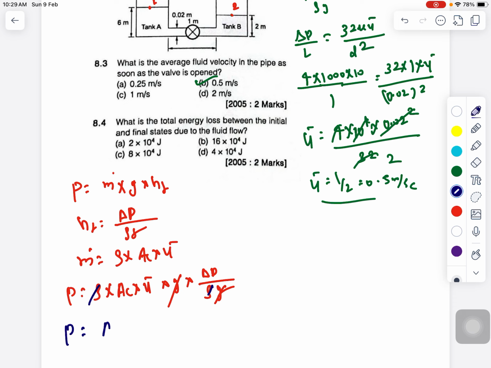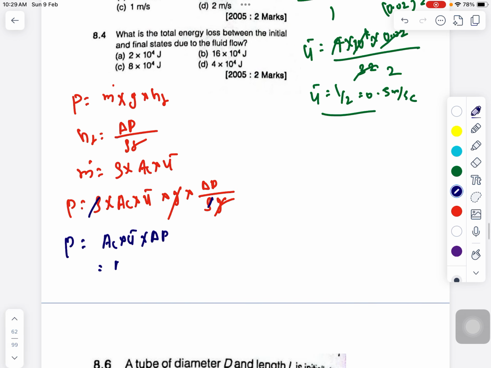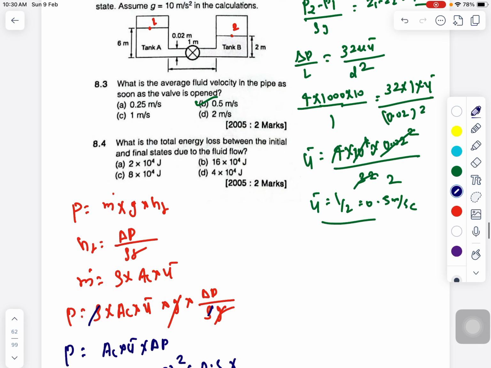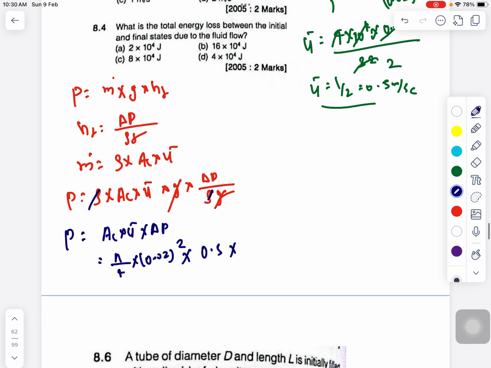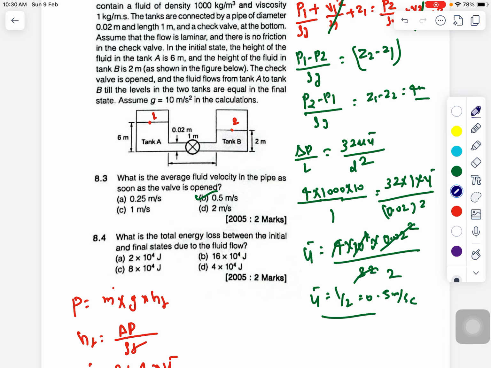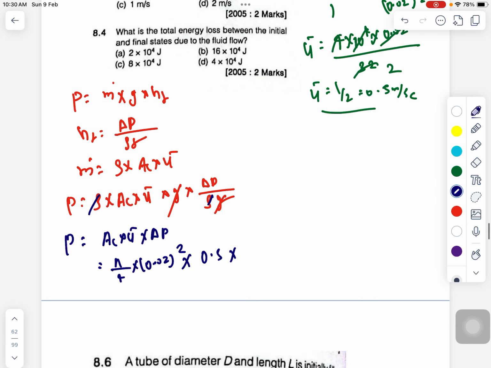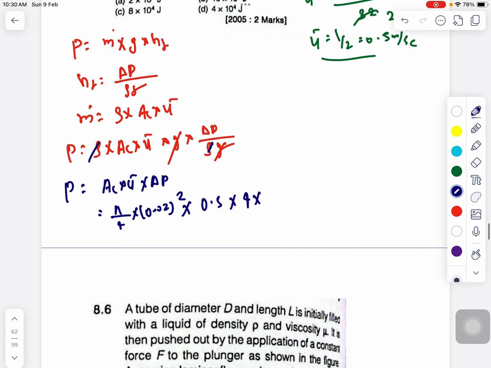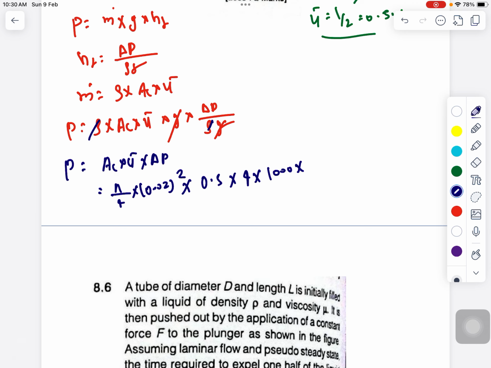So power can be written as cross sectional area into u bar into delta P. So let's try to substitute these things. Pi by 4 into 0.02 whole square, average velocity is 0.5, into delta P. Delta P pressure drop is how much? 4 into 1000 into 10.